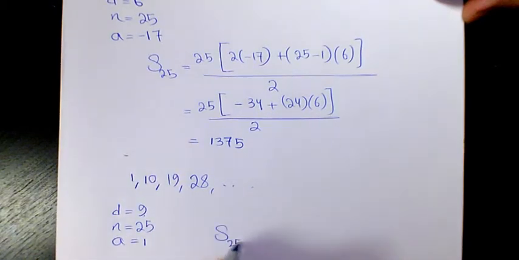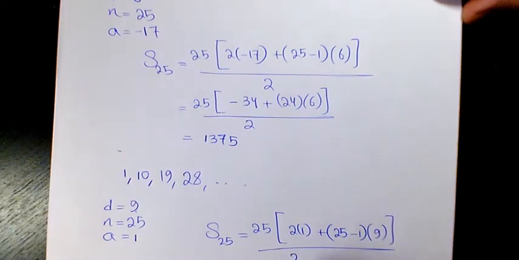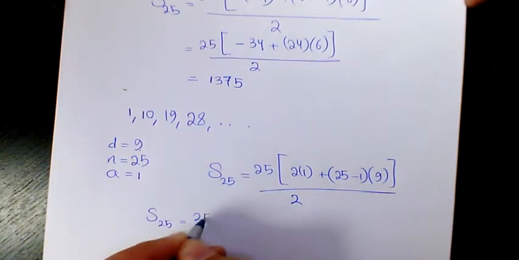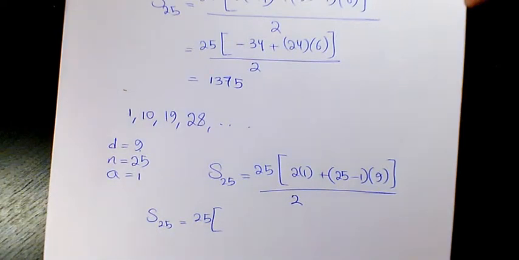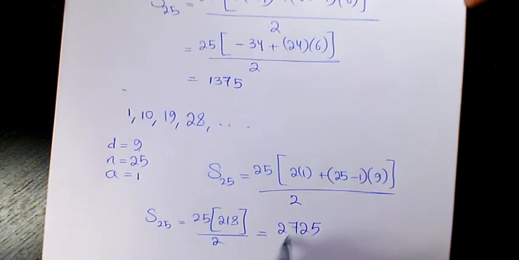So S25 is going to be 25 times 2 times A plus 25 minus 1 times 9 divided by 2. So we have S25, 25 times 218 divided by 2. It's going to be 2725. That is S25.